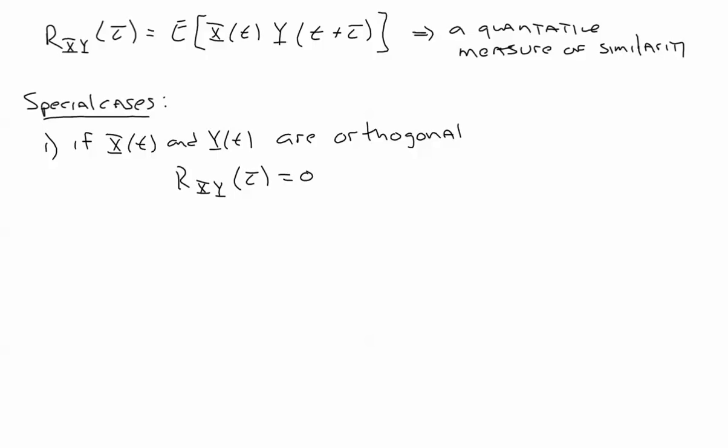Okay? If x of t and y of t are orthogonal, then the cross-correlation is always equal to 0.